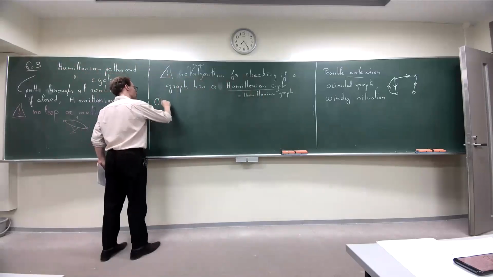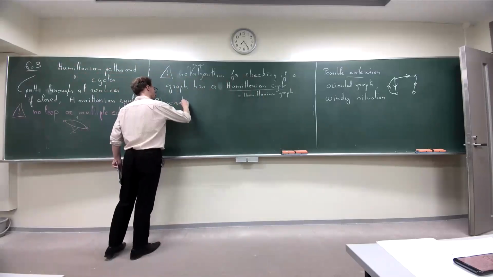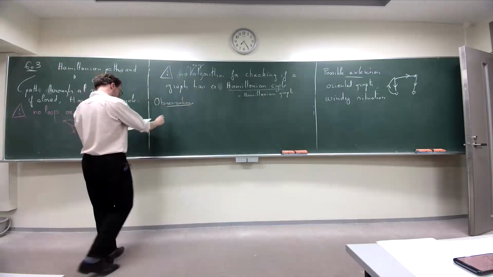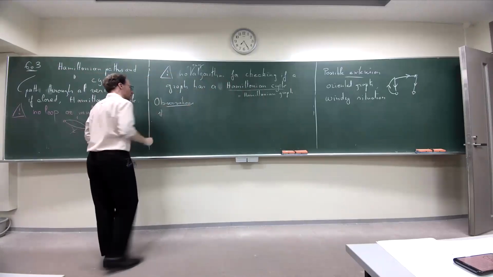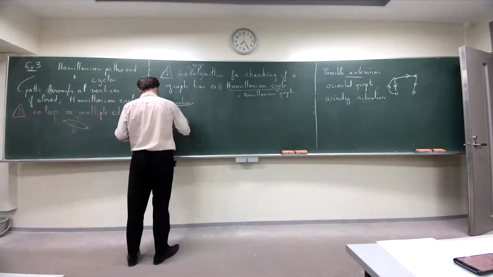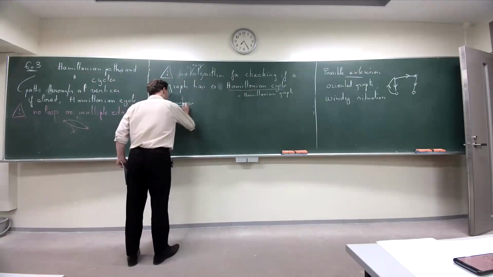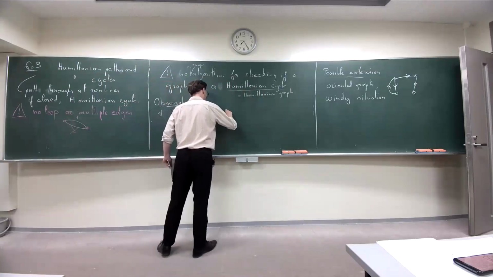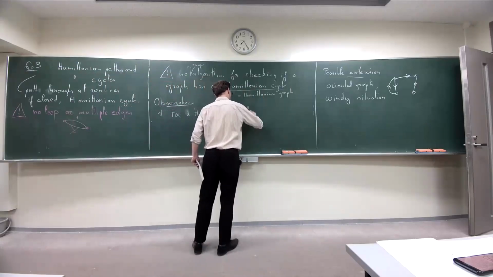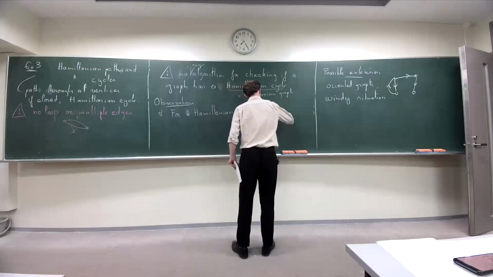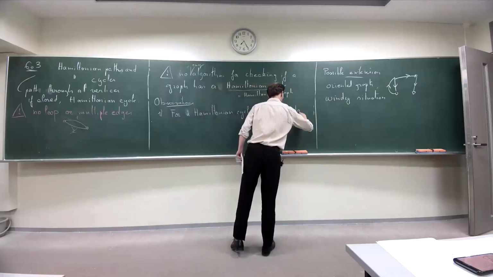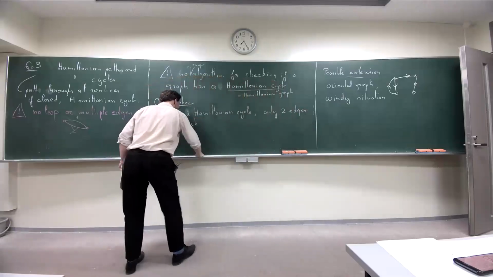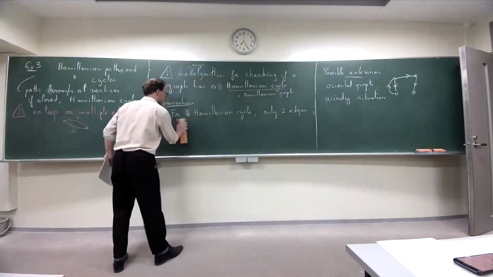Okay, observations. For a Hamiltonian cycle, if it exists, only two edges at each vertex are used.